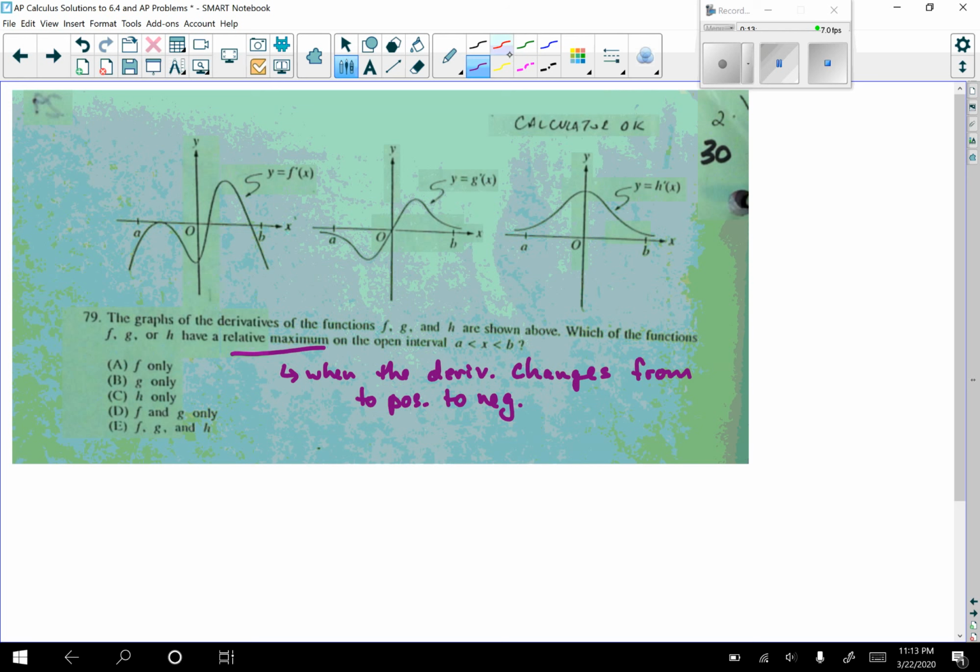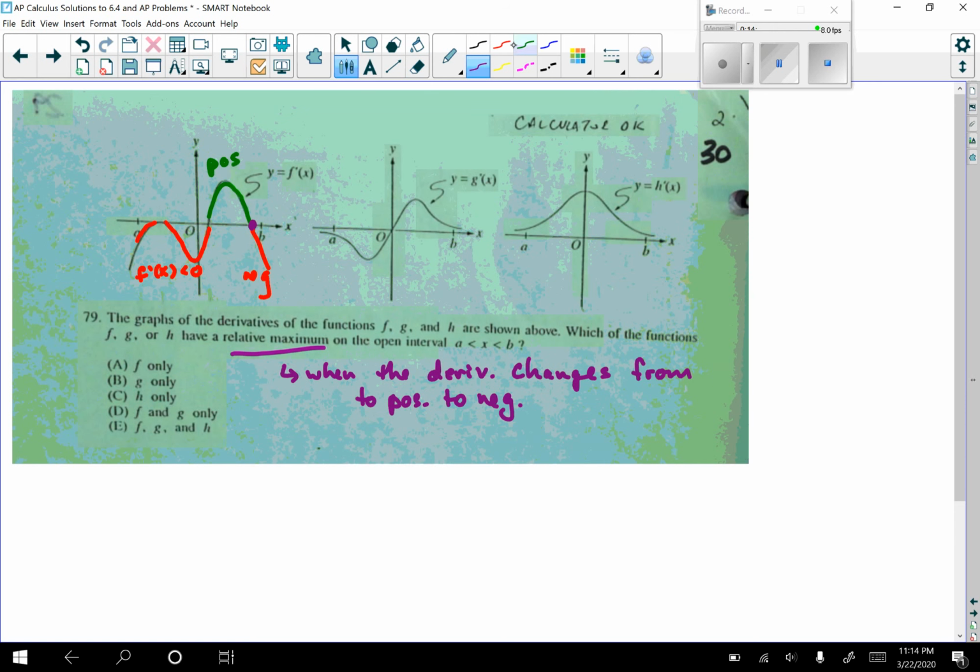So if we take a look at the first graph here, all of these values are negative from over here, so f prime of x is negative, and then right up here, it changes to positive, and then we're back to negative here. So looking right over here is where we have a relative max.